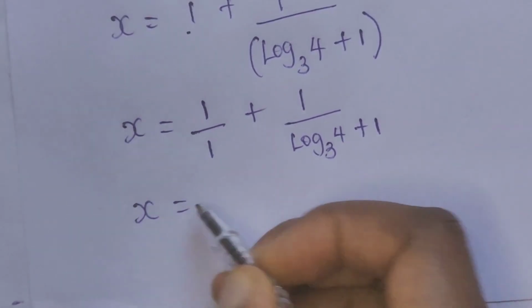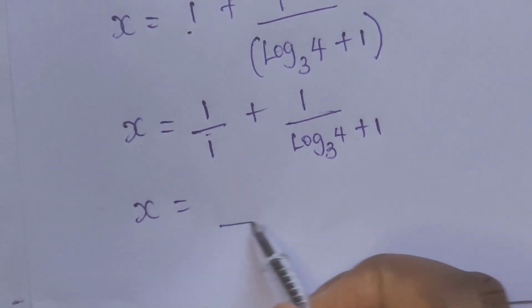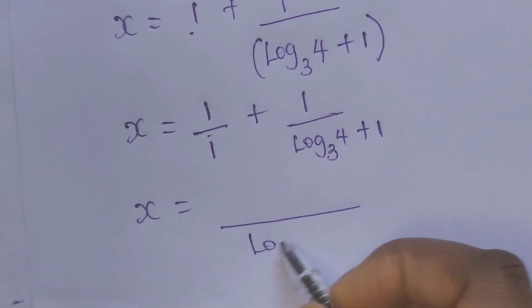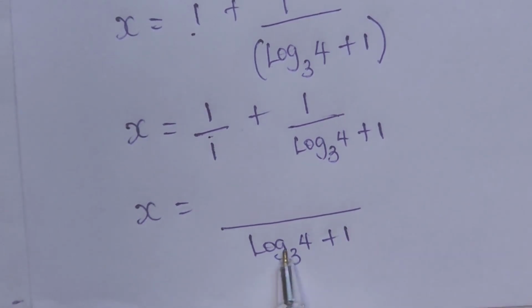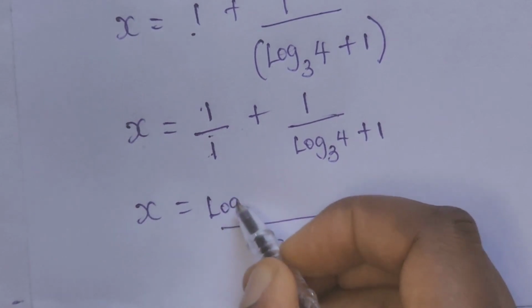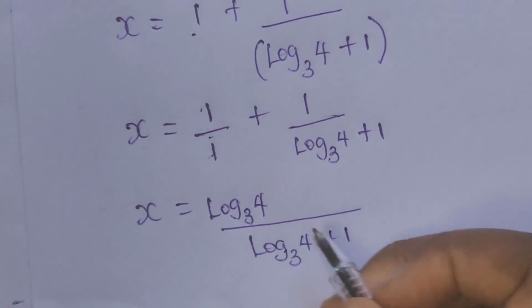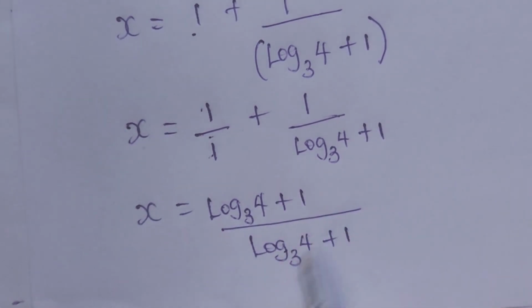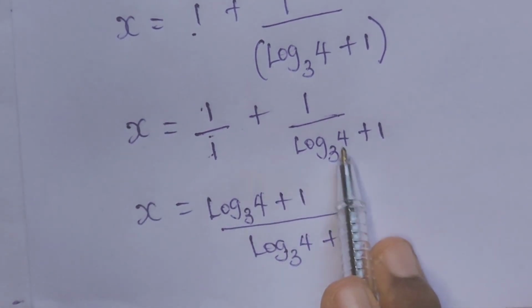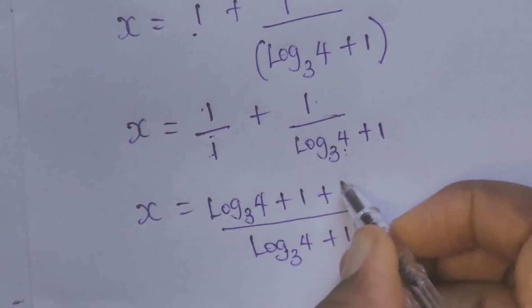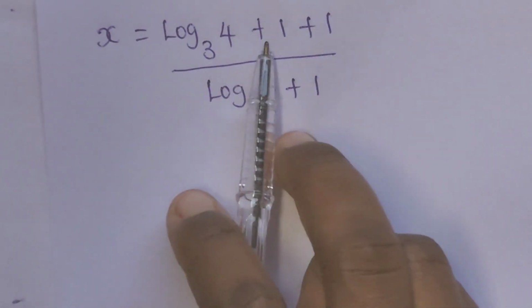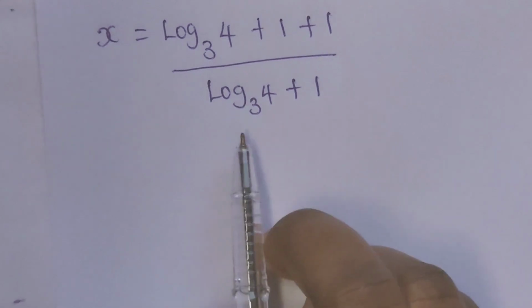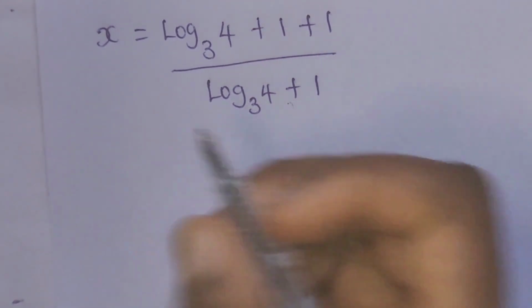So we have x to be equal to, when we simplify this, our denominator will be log to base 3 of 4 plus 1. So this divided by 1 is 1 times 1. We have log to base 3 of 4 plus 1. And this divided by this is 1 times 1. We have plus 1. We have x to be equal to log to base 3 of 4 plus 1 plus 1, all over log to base 3 of 4 plus 1.